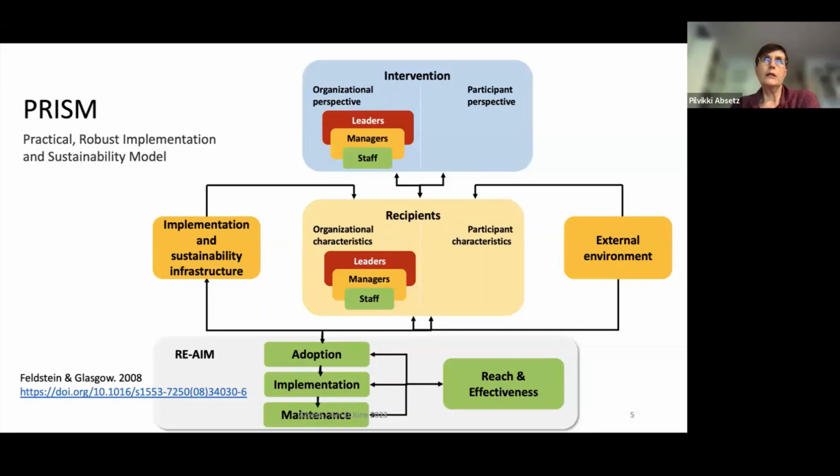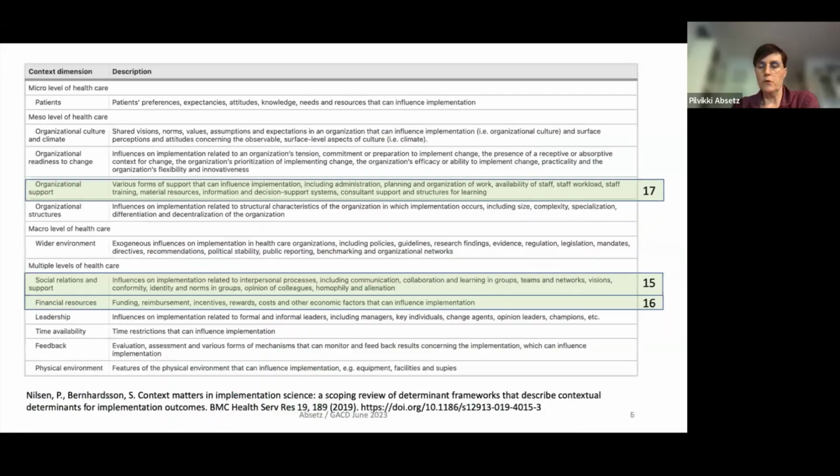So the models and the components of context in the models can help you to identify some of the key elements of context. As I said, Nielsen comes from healthcare, implementation science in healthcare settings, and so he looked from the healthcare perspective at these frameworks.